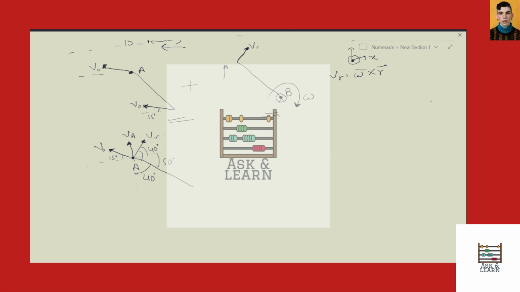We will need cosines and sines of 40 degrees and 15 degrees. Let us quickly look up a table and write down those values. Cosine 40 degrees is 0.76.